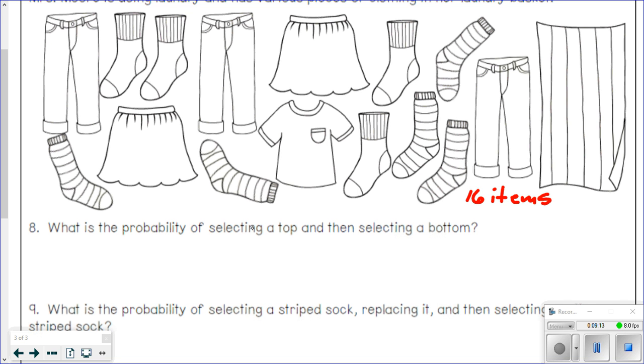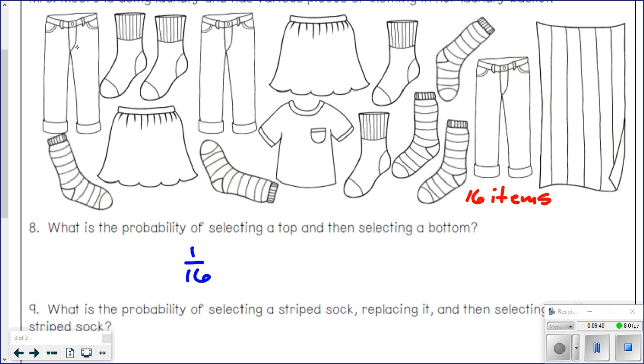So what is the probability of selecting a top? Well, there's only one top, this shirt here, out of 16. So the probability of a top is 1/16. Now, what's the probability of next selecting a bottom? Remember, there are no longer 16 items. Now there are only 15 because I took a top out. So however many bottoms there are, it's going to be out of 15.